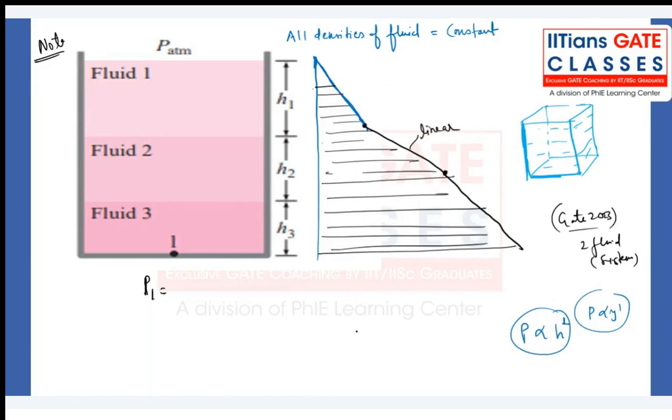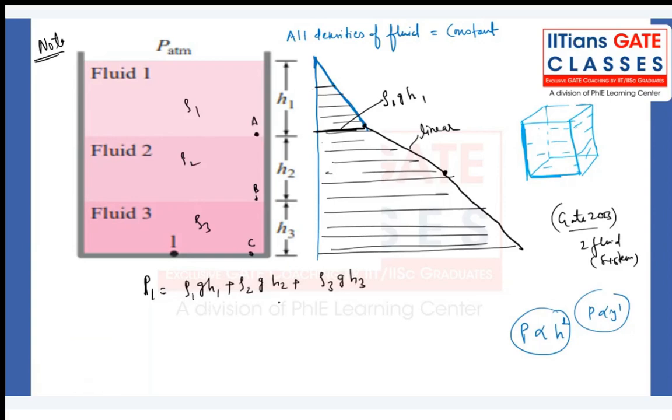Now, if I want to measure the pressure at point number 1, what can we write? What is the total pressure at point 1? Here we have point A, point B, point C. Let's say this is rho 1, this is rho 2, this is rho 3. So we can write rho 1 into g into h1 plus rho 2 into g into h2 plus rho 3 into g into h3.